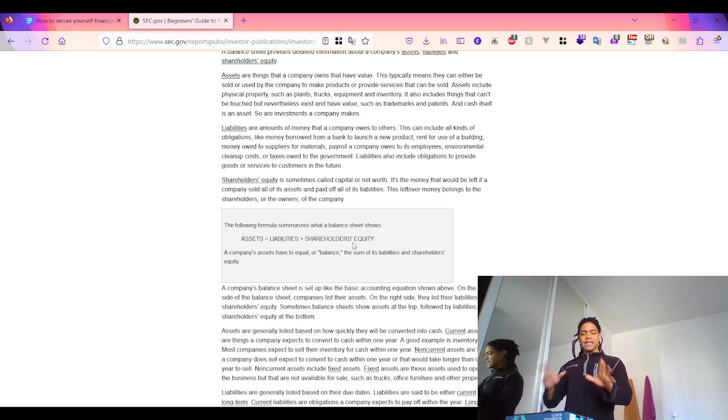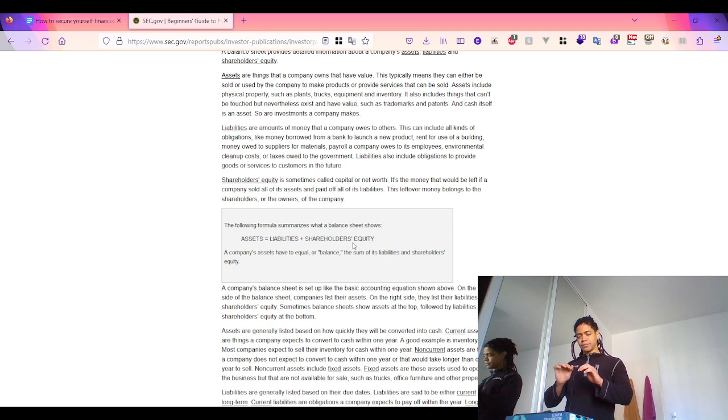A balance sheet is a snapshot of the company's assets, liabilities, and shareholders' equity, where assets are anything that a company owns that has value, whether it's tangible or intangible. Liabilities are responsibilities or obligations that a company has to pay, whether to vendors, creditors, investors, or customers.